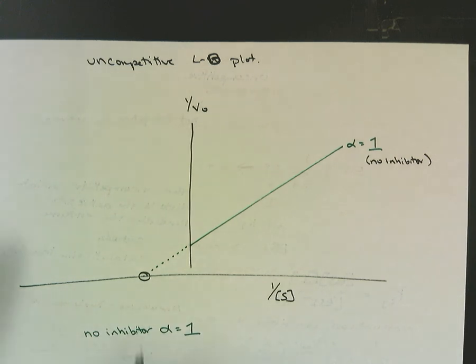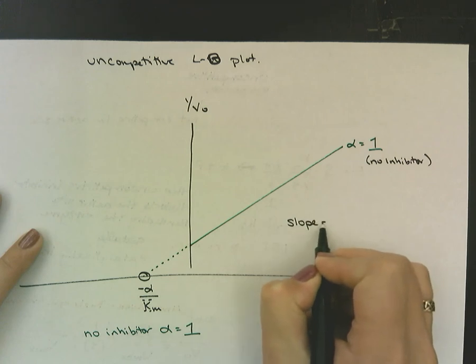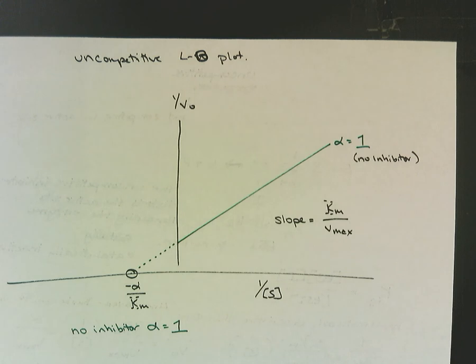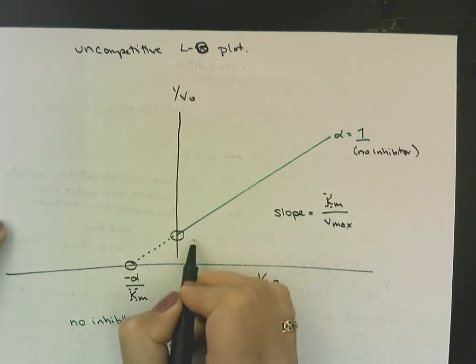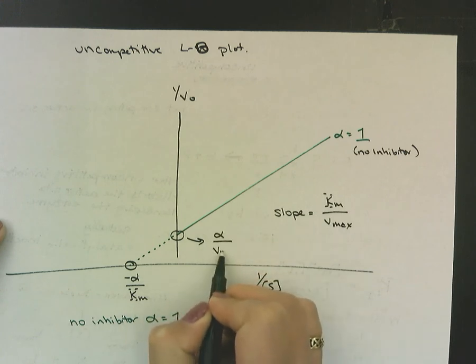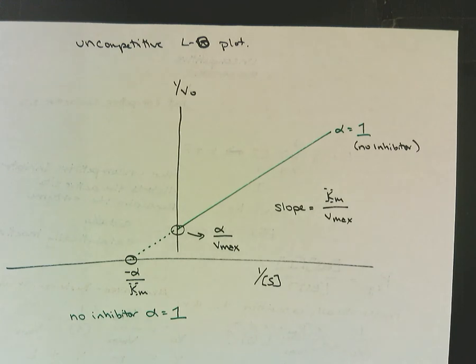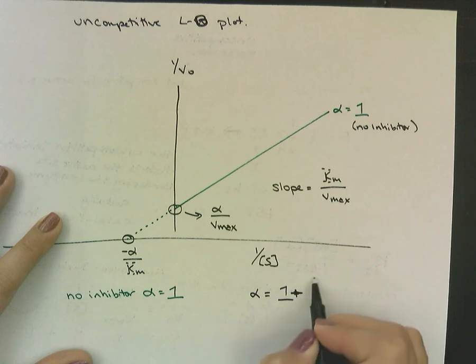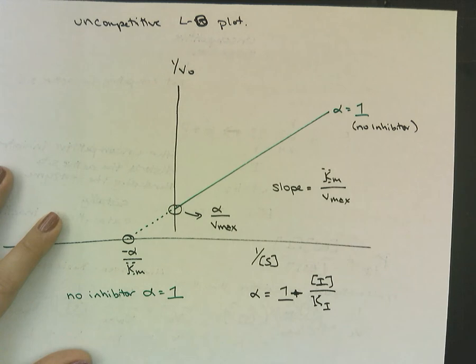The intercept of the x-axis is equal to negative alpha over Km. Slope for all of these is going to be Km over Vmax. And then the y-intercept is our alpha over Vmax. We're remembering that alpha is also described as 1 plus concentration of I over our dissociation constant of the inhibitor.